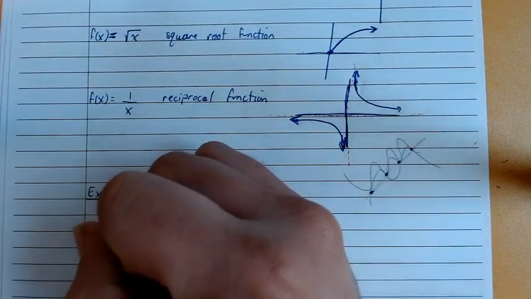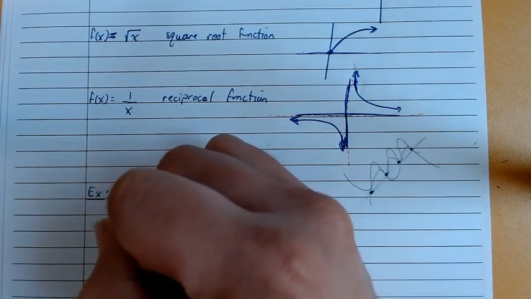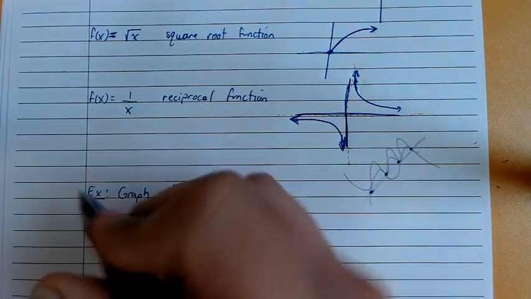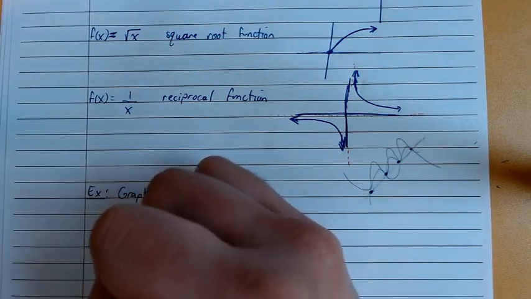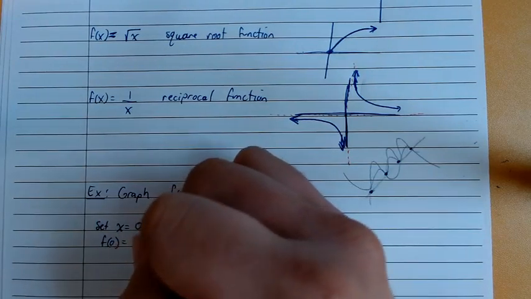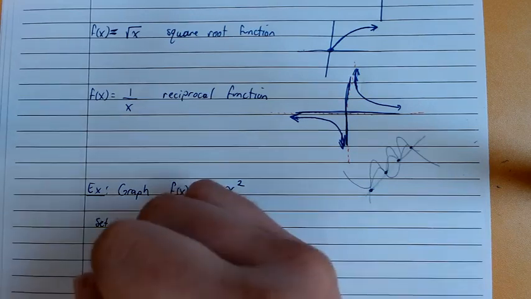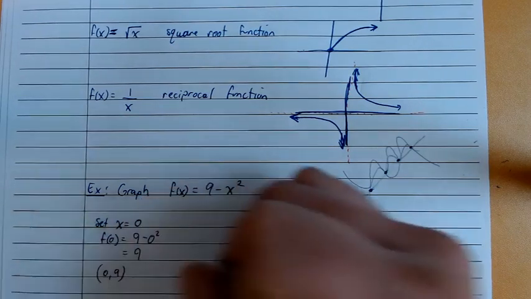I'm going to plot a few points. I'm going to say, all right, let's set x equal to, let's just start with 0 and see what happens. If we set x equal to 0, well then f of 0 is equal to 9 minus 0 squared, which is just the number 9. Okay, so that's one solution, (0, 9).